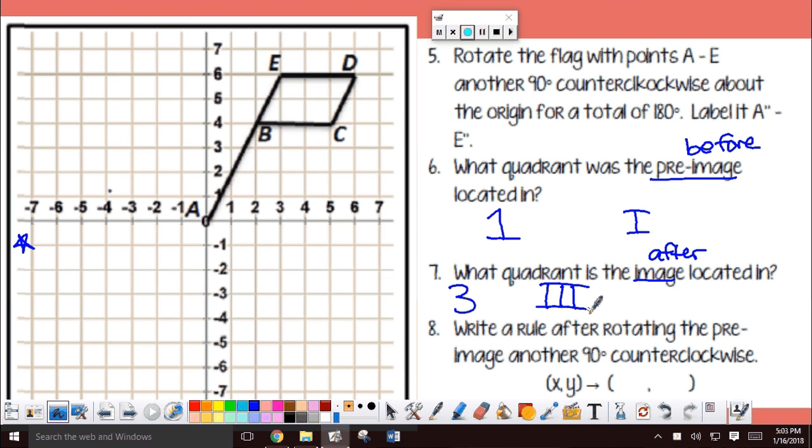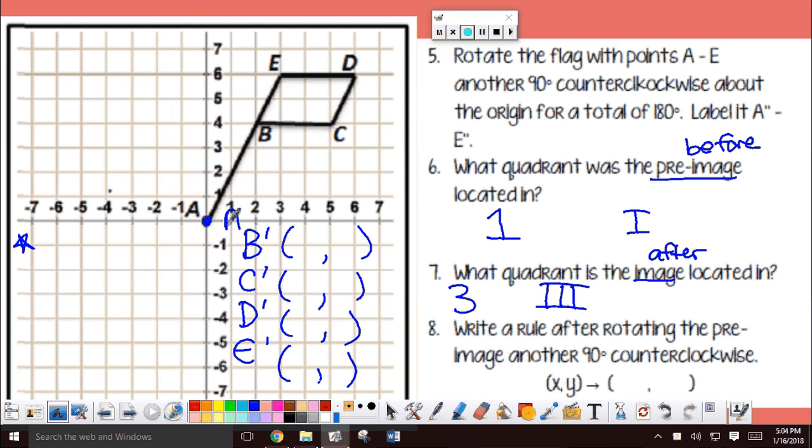So now you have your paper totally upside down, and we've got B prime, C prime, D prime, and E prime. So the x and y values we're going to write down over here. So here are all my coordinates that I'm going to write down for B prime, C prime, D prime, and E prime. A prime is going to stay the same because that's the point that we are rotating on.